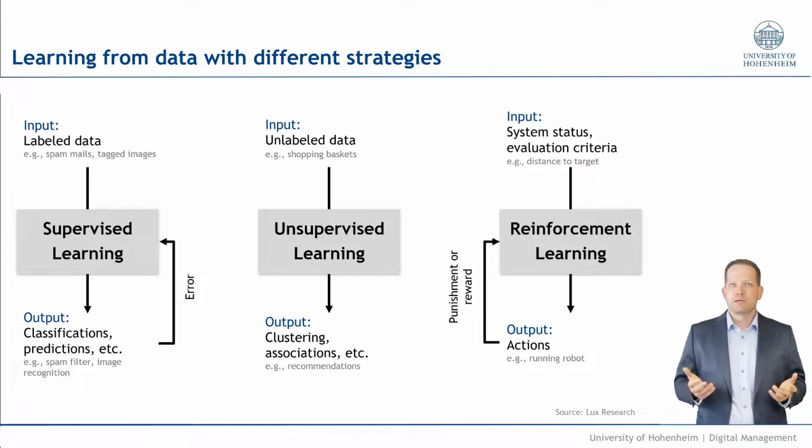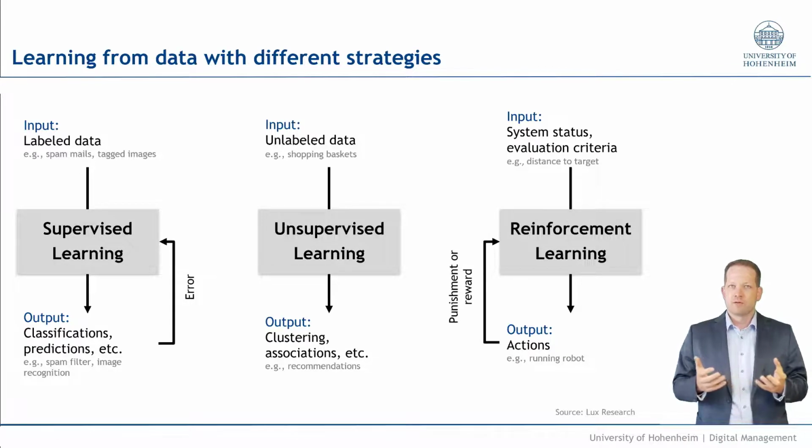And then if we look at reinforcement learning, then the input is a system status and evaluation criteria. For example, the distance to a target. If you want to teach a computer program or a robot how to walk, then you could give it the distance to a target as evaluation criterion and say, please walk over there. So a closer distance is good performance, a wider distance is bad performance.